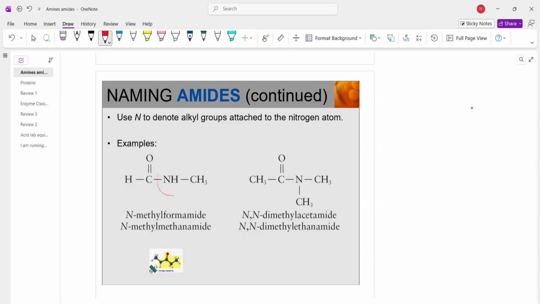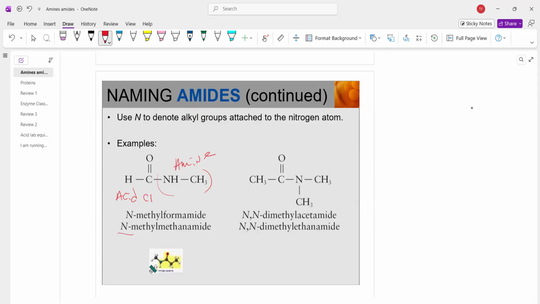So this is a one carbon acid with a methyl group coming off the nitrogen. And there's a common name.